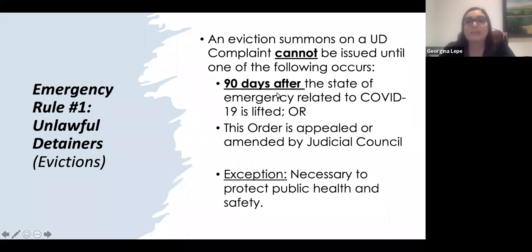So as of right now, we would have to wait until the state of emergency is lifted. Then 3 months after that date, we would be able to get an eviction summons issued. The exception here, if it's necessary to protect the public health and safety, would be if a tenant is operating the property in such a manner that it would be likely that the neighboring houses would also be damaged in a fire or something like that.